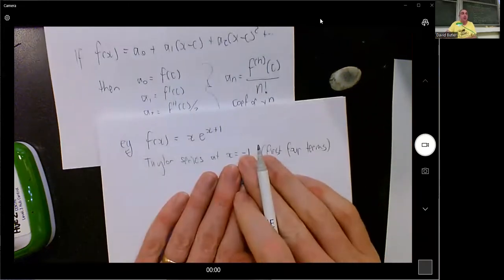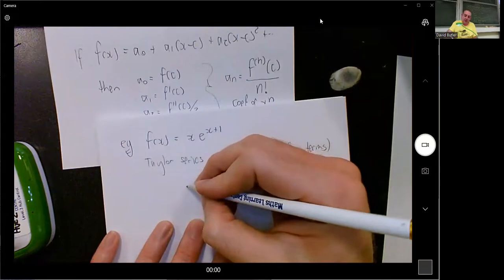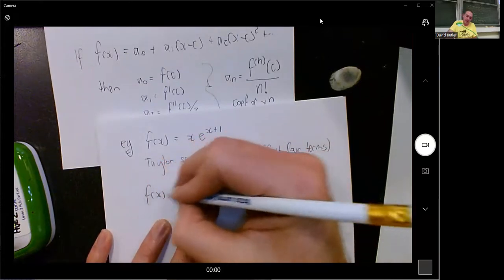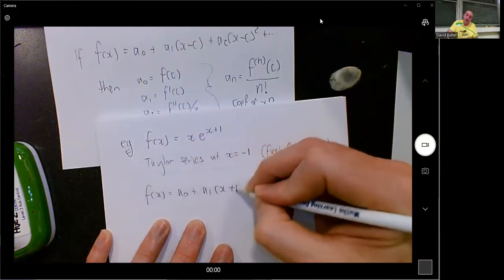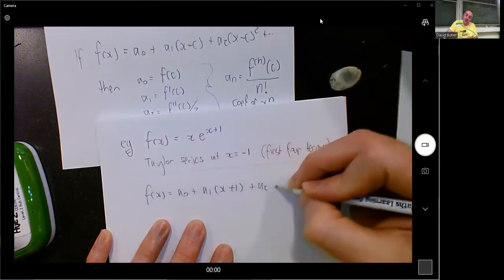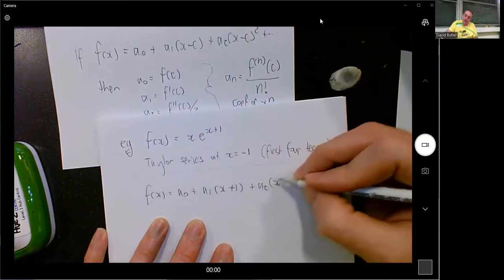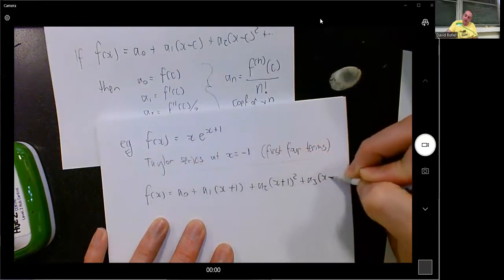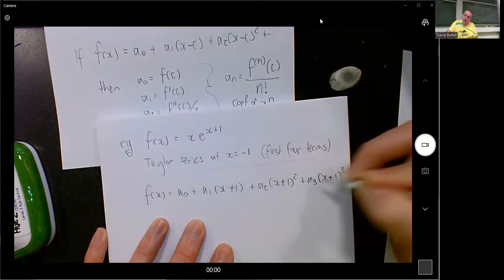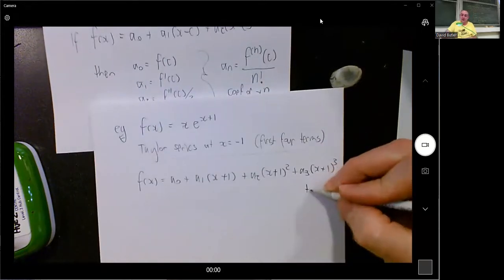So if the center is minus 1, I'm going to be having terms like this. x minus minus 1, which will be x plus 1, and x minus minus 1 squared, and x minus minus 1 cubed. That's what it's going to look like. Technically, it's going to go forever.